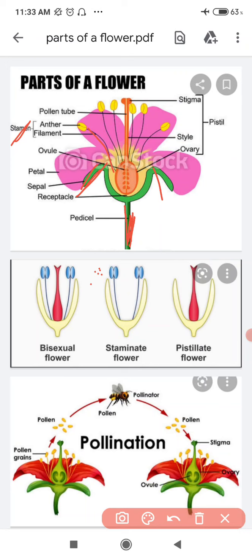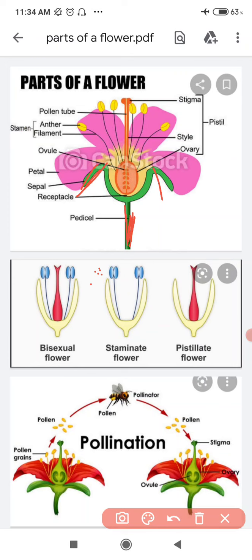The long, thin portion of the stamen is called filament, while the swollen tip is called anther. Each lobe of anther has a pair of sacs inside which produce powdery pollen called pollen grains. The stamen is the male part of the flower.